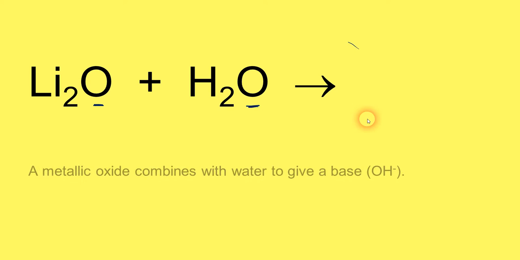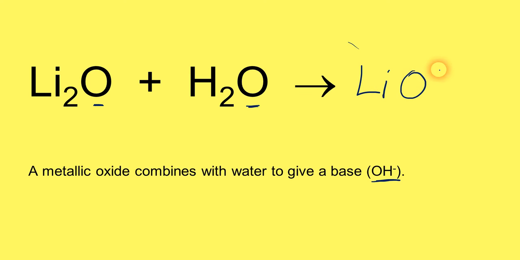So this is synthesis, and this is where a metallic oxide, now remember lithium is a metal, so that means lithium oxide is a metallic oxide, combines with water to give a base. And so when we say a base, that means it ends with hydroxide, and it's going to start with a metal. So the metal is lithium, and then the OH would go at the end.